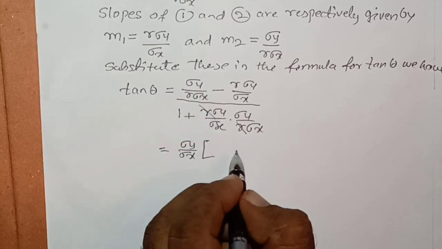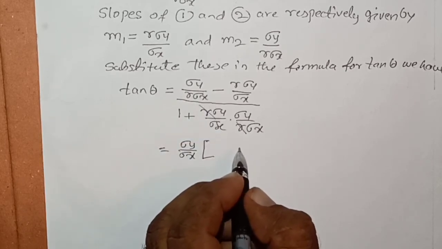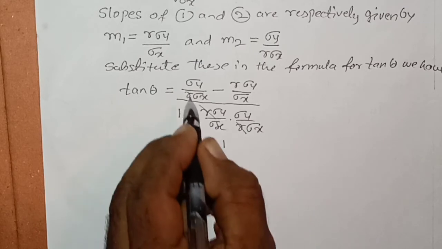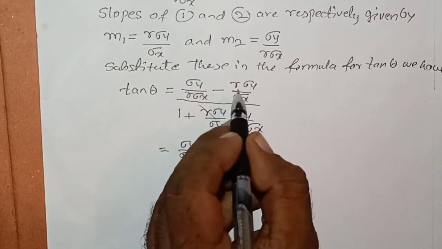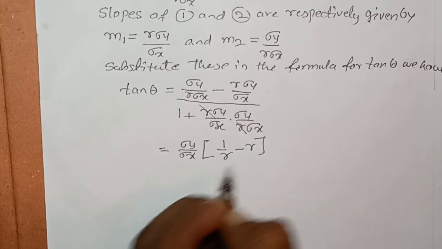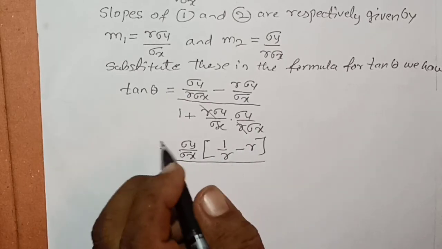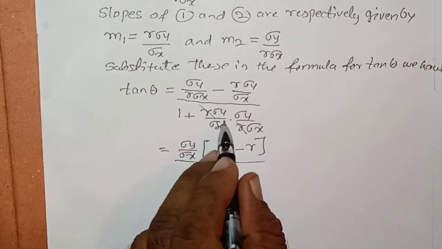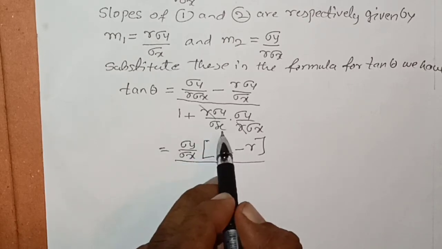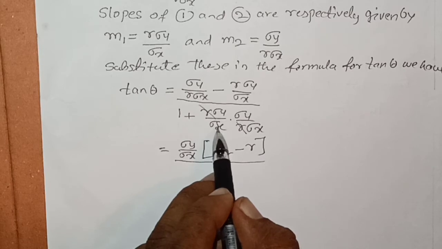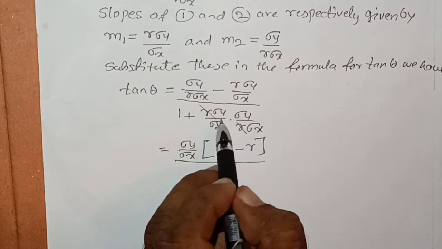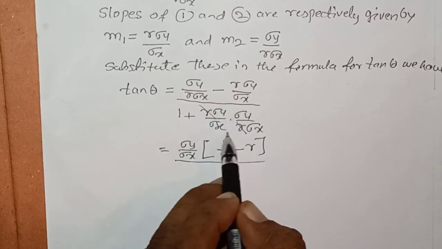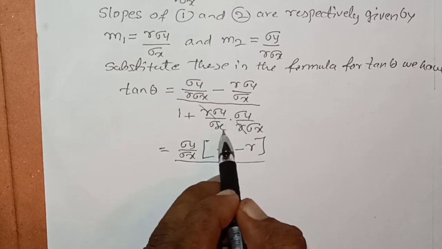So what remains is 1 upon r minus r, all divided by, in the denominator, 1 plus standard deviation of y square by standard deviation of x square.